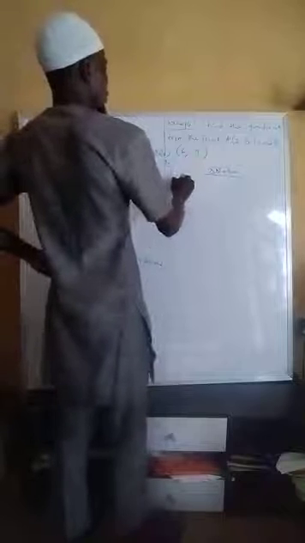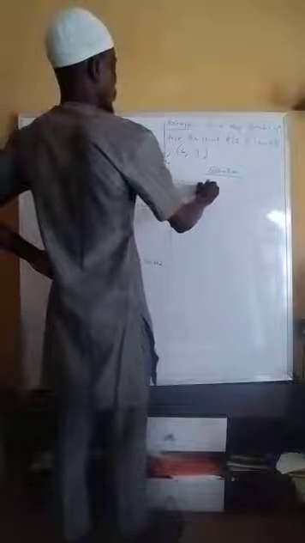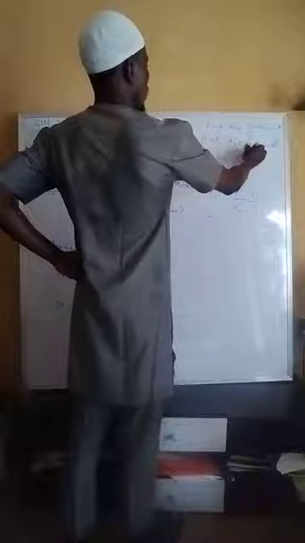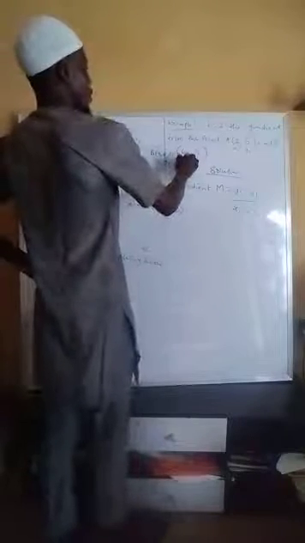So to find the gradient, solution: we can say gradient m is equal to y2 minus y1 over x2 minus x1. And what is our y2? So here will be our x1, and here is y1, then x2, y2.